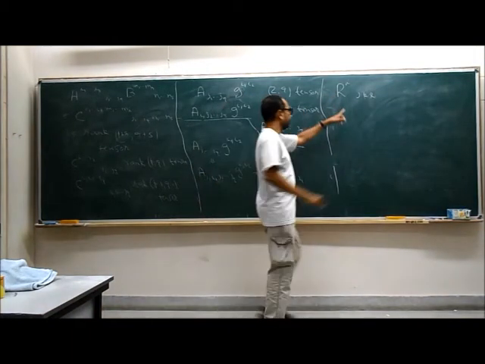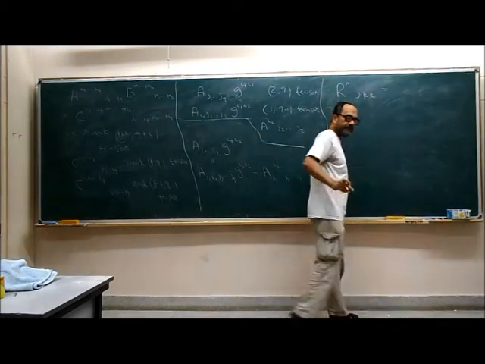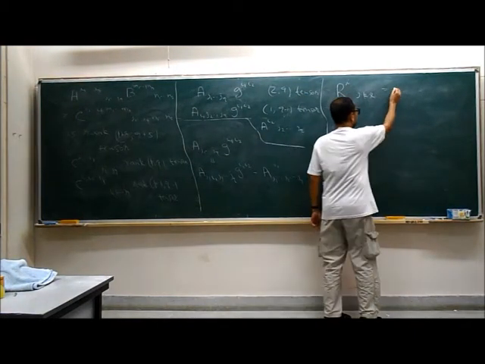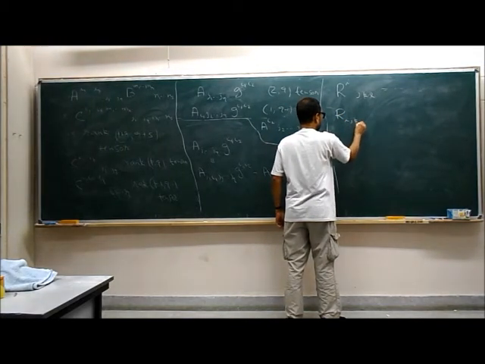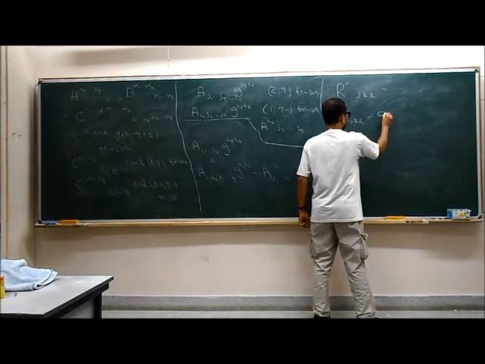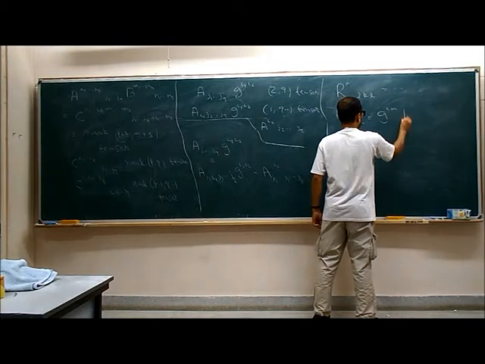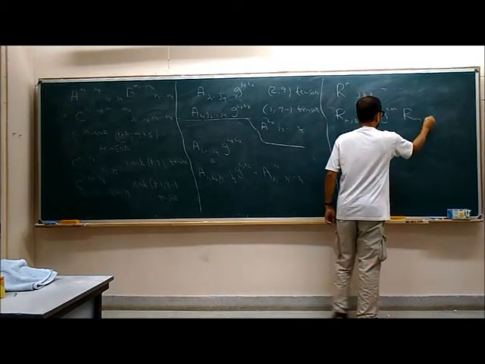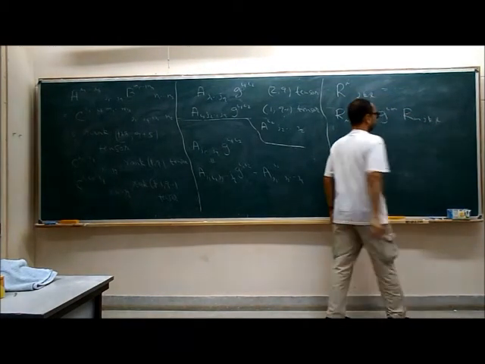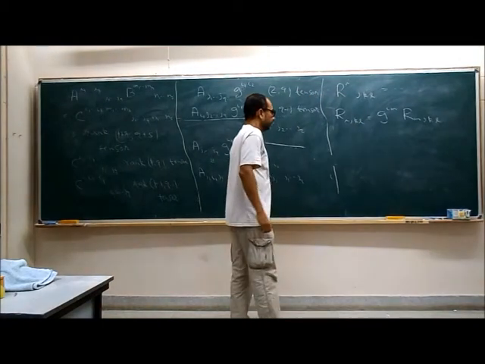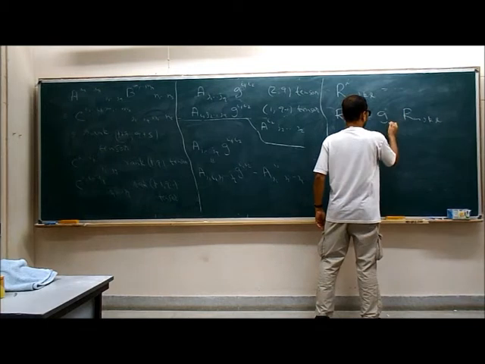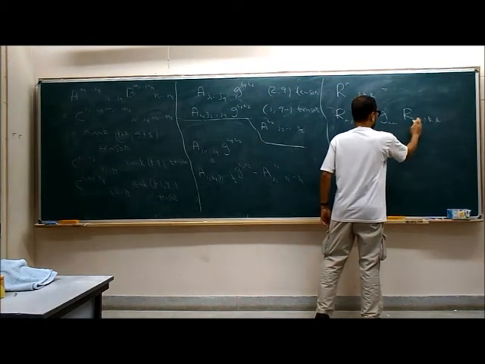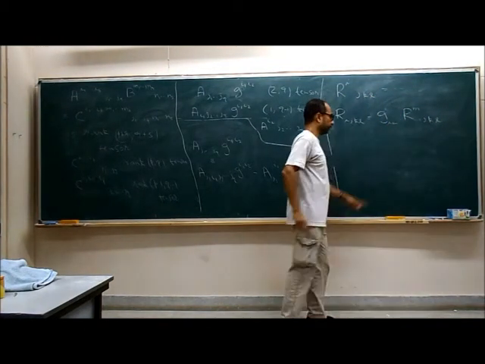this was defined in terms of the gammas and the derivatives. Then we define R IJKL as G IM R M JKL.